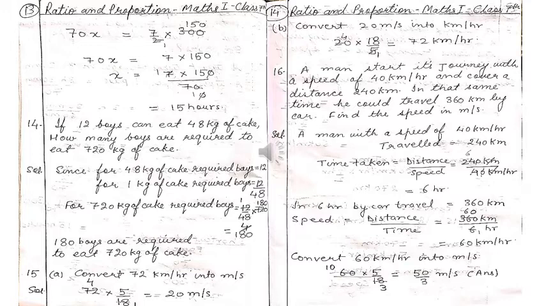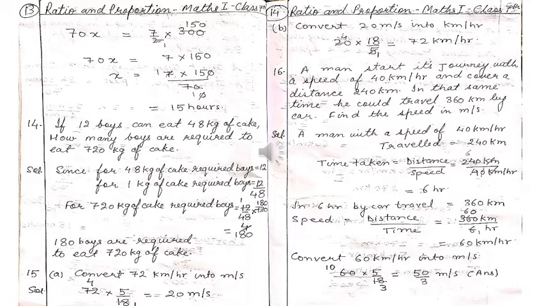Now a man starts his journey with a speed of 40 km per hour and covers a distance of 240 km. In that same time he could travel 360 km by car. Find the speed in meter per second. Now a man with the speed of 40 km per hour travels 240 km.